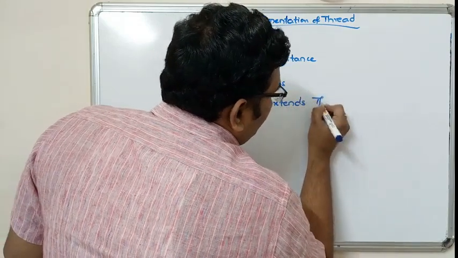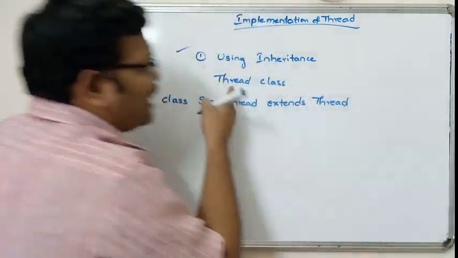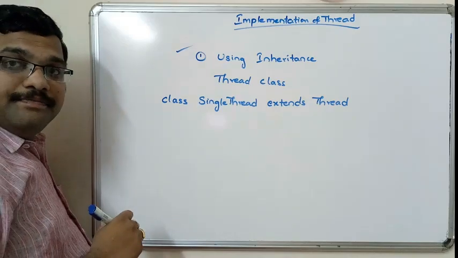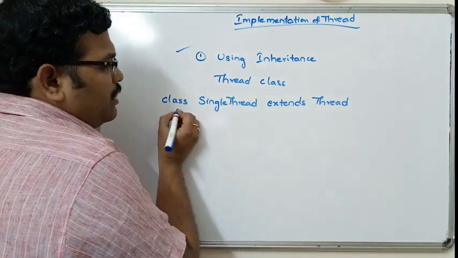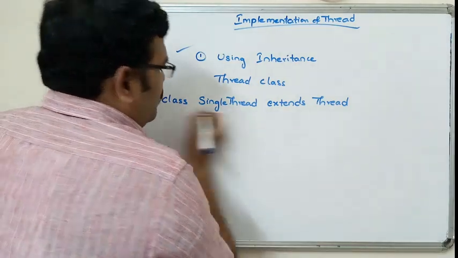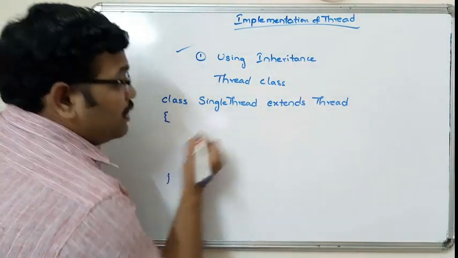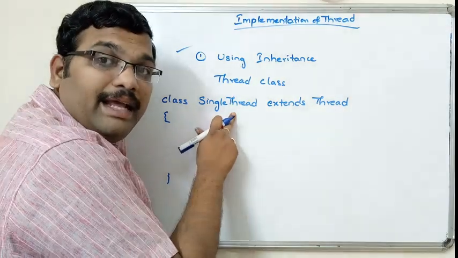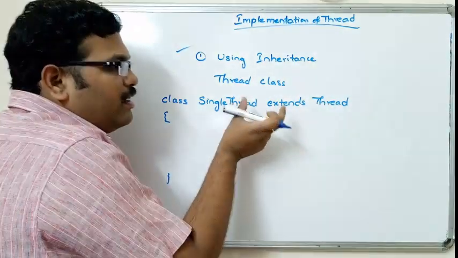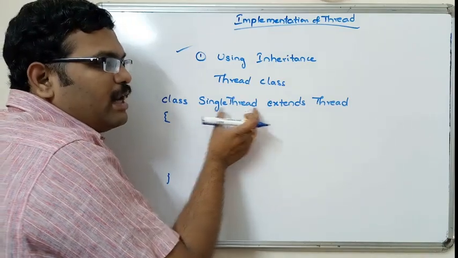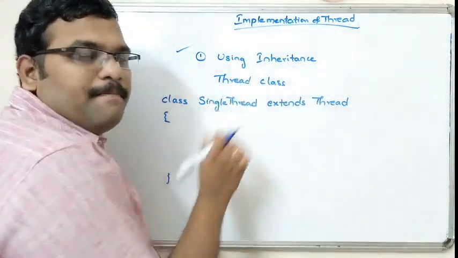Here this one is a derived class and this one is a base class. So here SingleThread is a derived class of the Thread class.